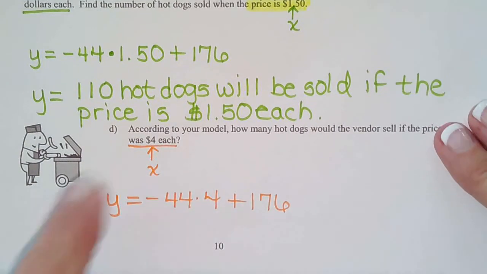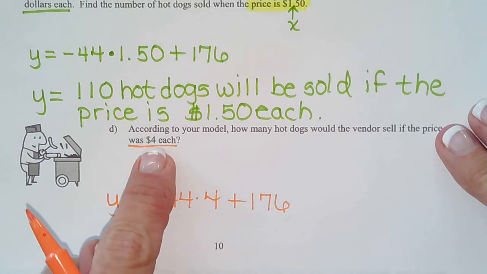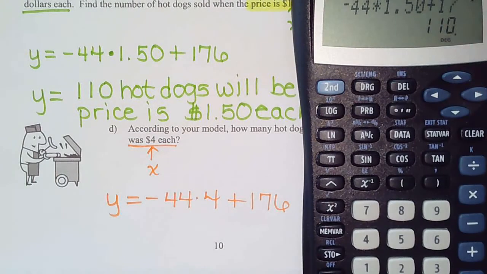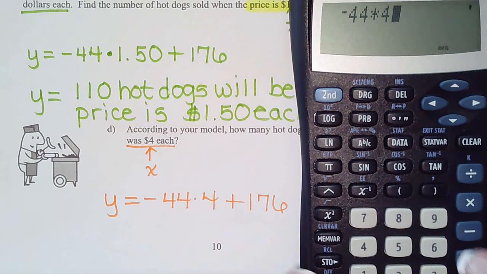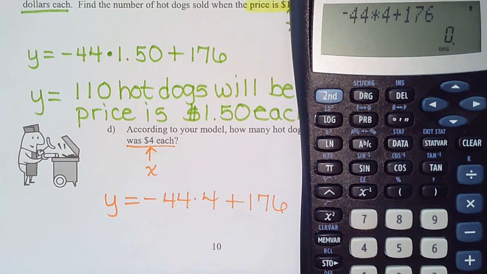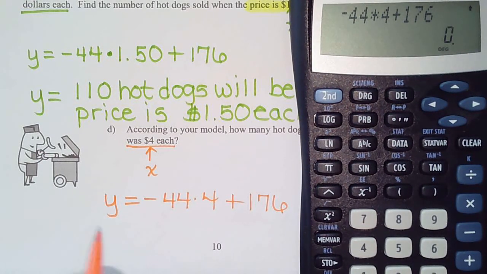So negative 44 times $4 each plus 176. Negative 44 times 4 plus 176. 0! We just priced ourselves right out of the market.